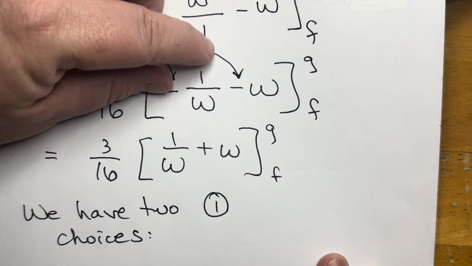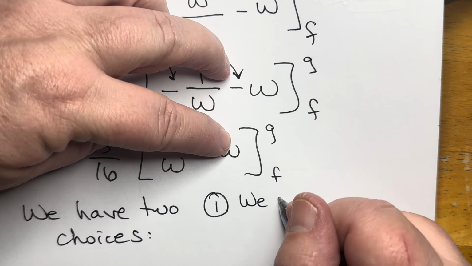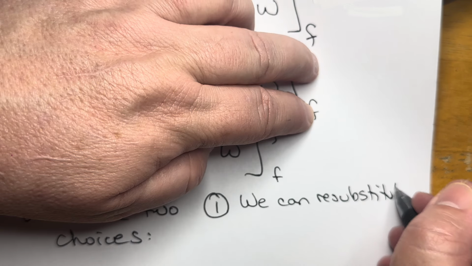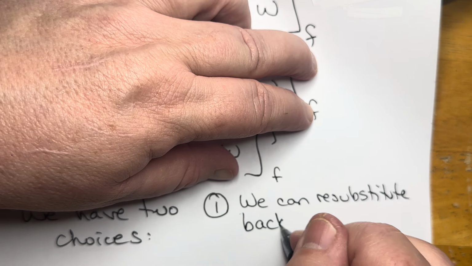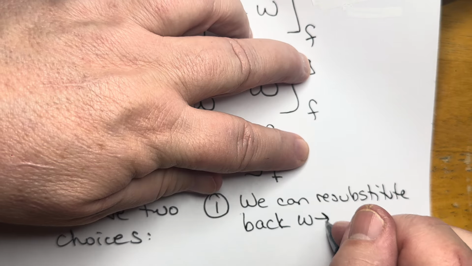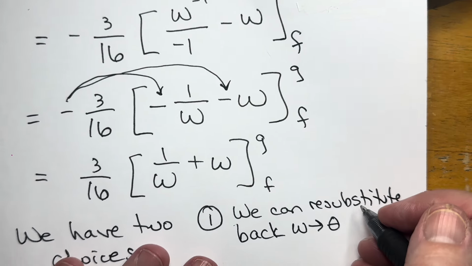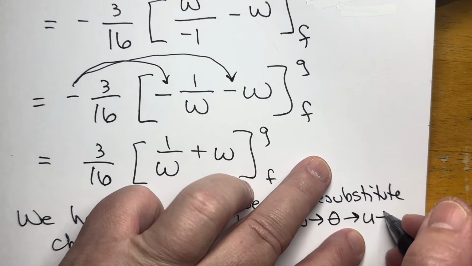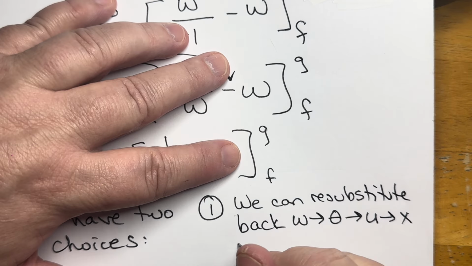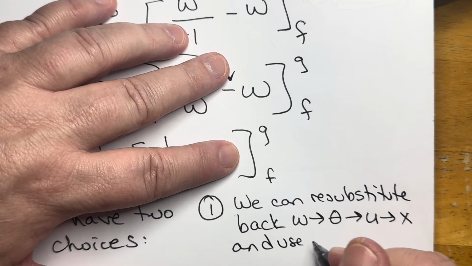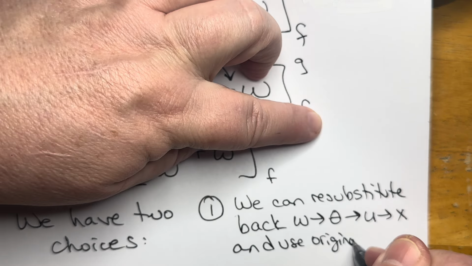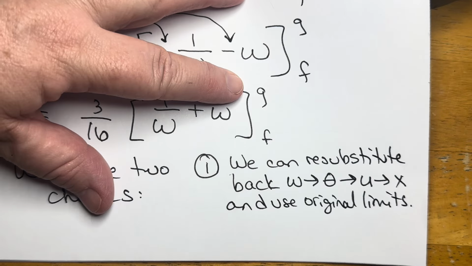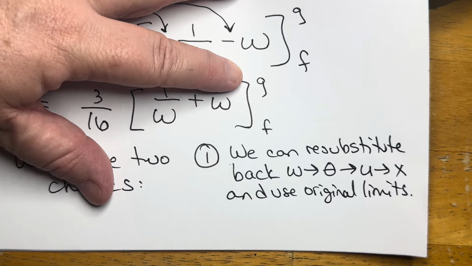One, we can resubstitute back w to theta to u to x and use the original limits. Okay, you're welcome to do that. I don't want to do that.